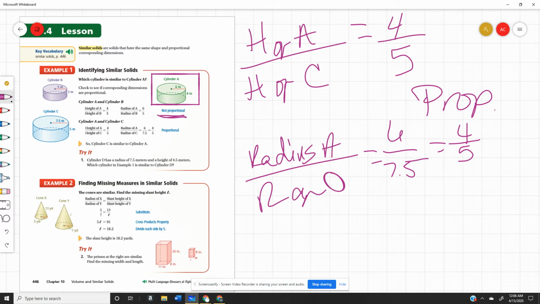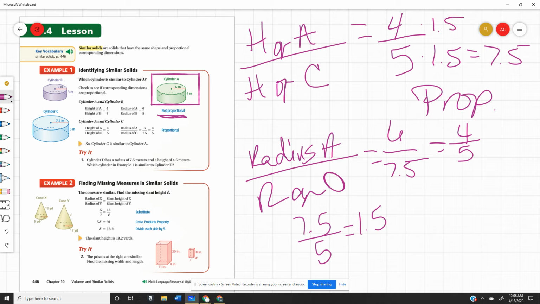I could also do 7.5 divided by 5, which is 1.5, and do 6 divided by 1.5, and I get 4. So that tells me I take this 5 and multiply it by 1.5 and I get 7.5. If I take this 4 and multiply it by 1.5, I get 6.